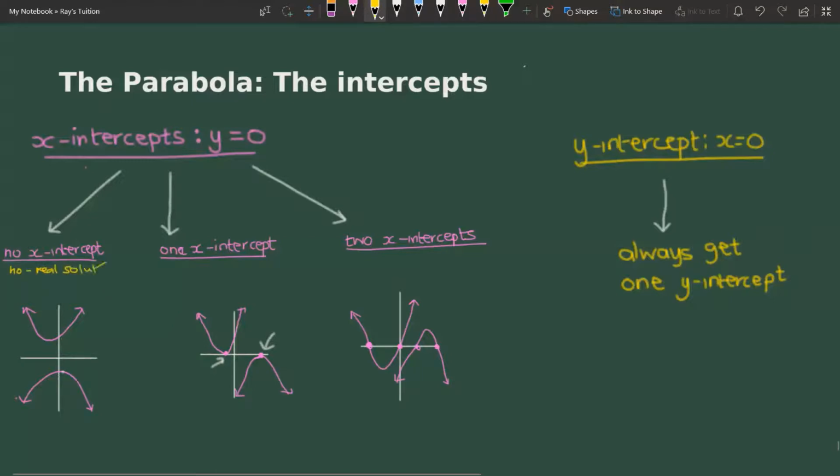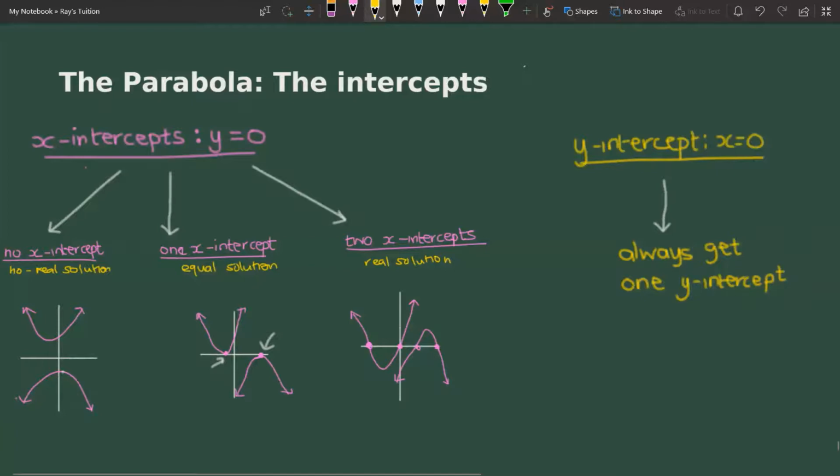So when we get an answer in a quadratic equation and we have no real solution, that is when we have this. This here is when we have equal solutions. And this here is when we have real solutions to quadratic equations. So your algebra and your quadratic equations are very related to the parabola. This is the graphical representation of those equations.